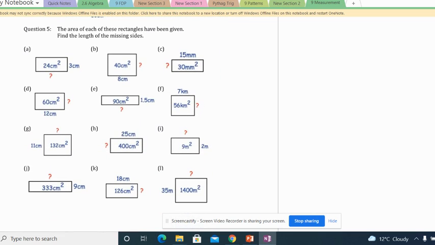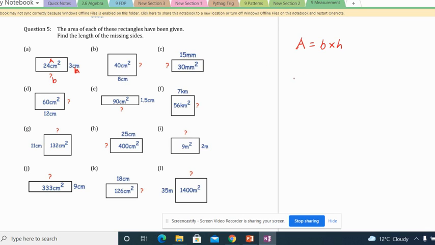For number 5, if I was going to do number 1, my working here, because we have this formula of area equals base times height, if this here is my area and this here is my height, why have I written B? Height. So area and height are given, and what I'm trying to find is the base.